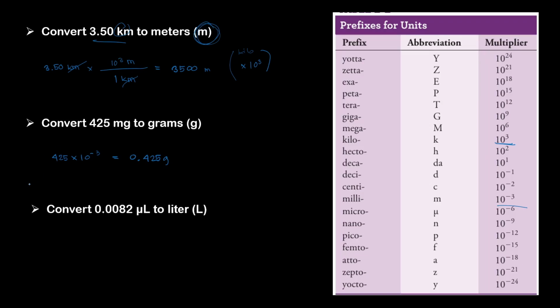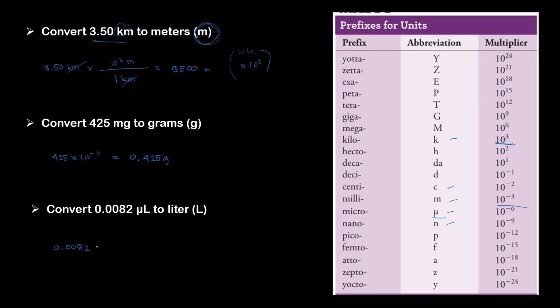Next, let's use the same logic. 0.0082 microliters to liter. So micro, let's see micro here. This is mu. Mu is here as a micro. You also need to memorize this symbol. But micro, nano, milli, centi, kilo, very common. So let's do it. 0.0082 microliter. Micro is 10 to the negative 6.